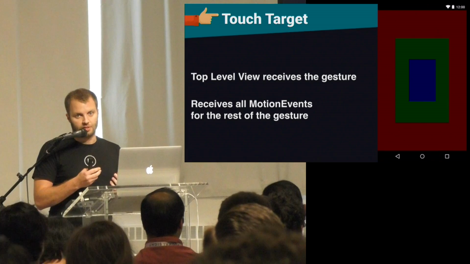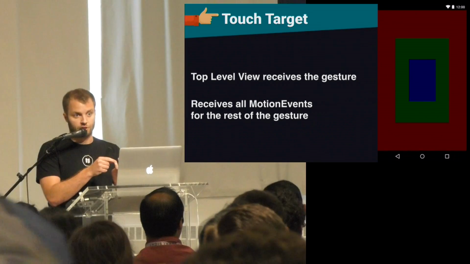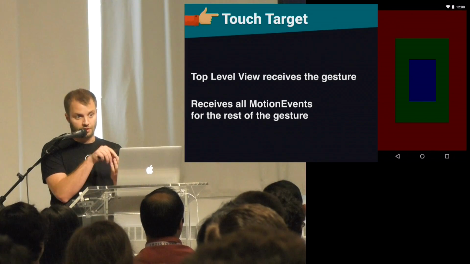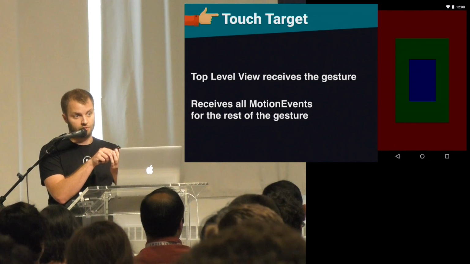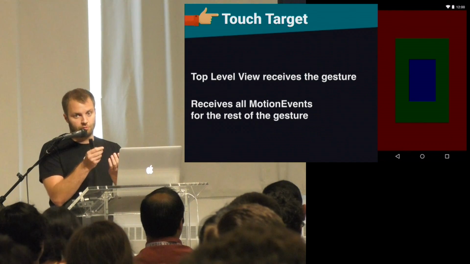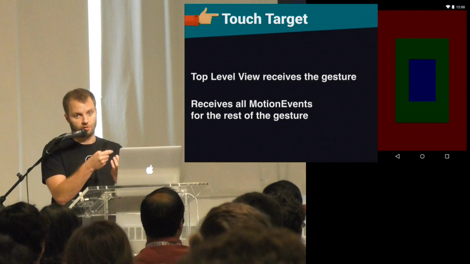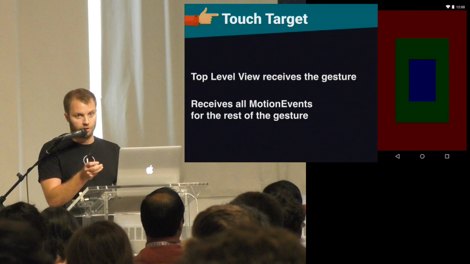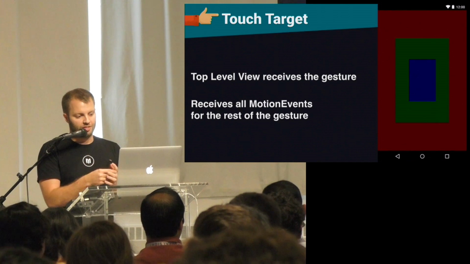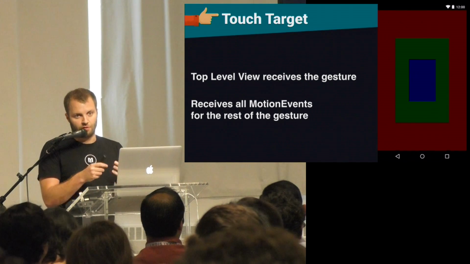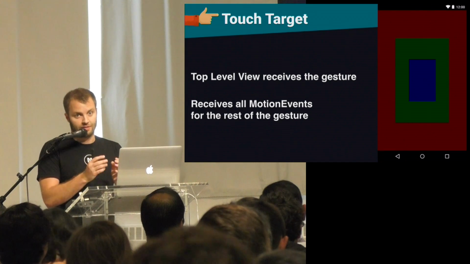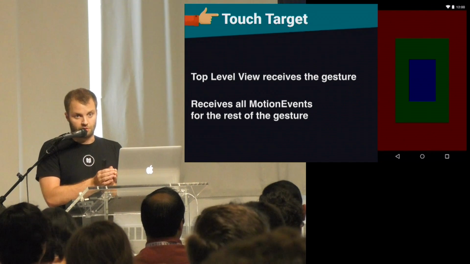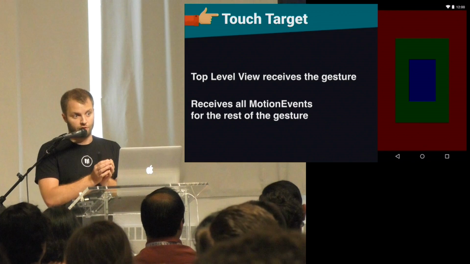The way it works is that when you put your finger on the screen in action down, Android will look at all the views that intersect with the place that you touched, and then it will ask each view in turn if they want to become the touch target and handle the whole gesture. So the theme here is to try to find a view that can handle the gesture and then dispatch all the events to this view for the rest of the gesture.